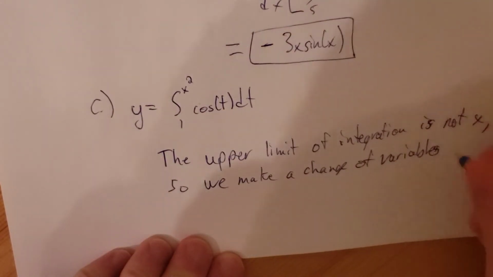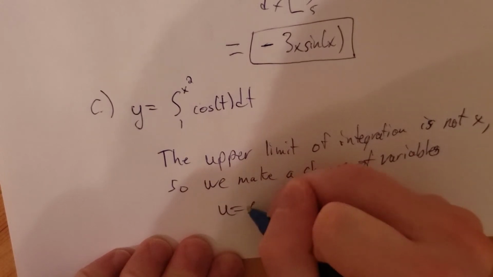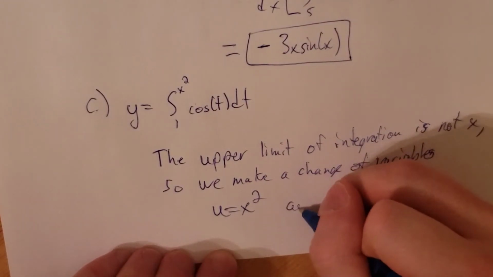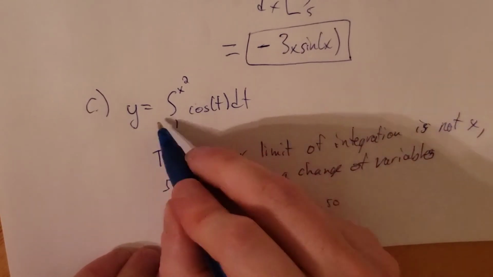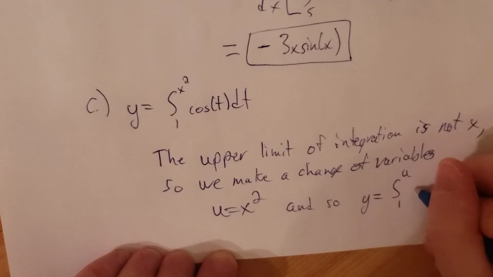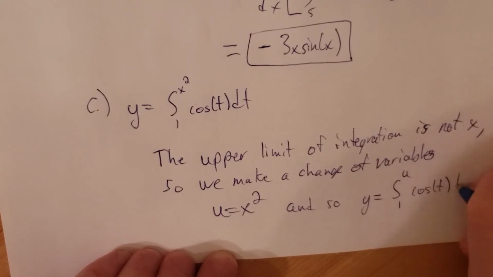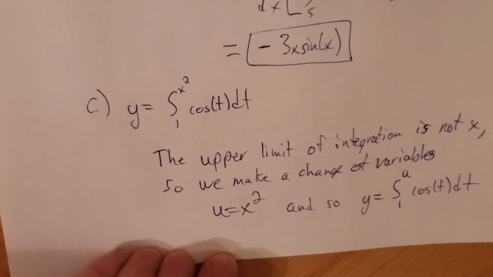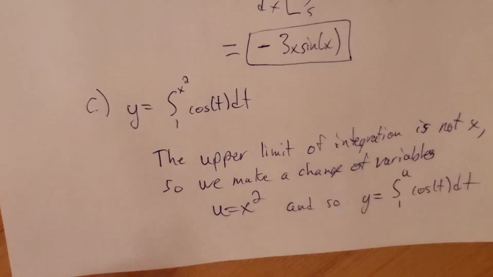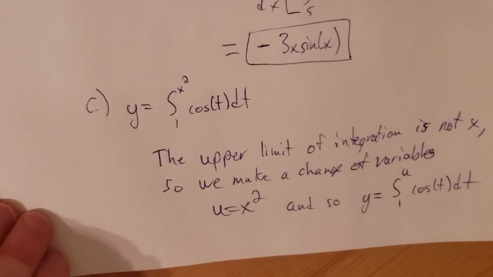And that change of variables is the change u is equal to x squared. And so what does that mean? That means this becomes y is equal to the integral from 1 to u of cosine of t dt. And now this looks closer to the form that we can use our fundamental theorem of calculus part 1.